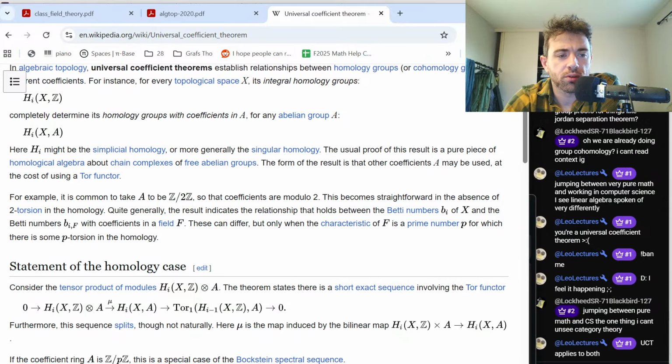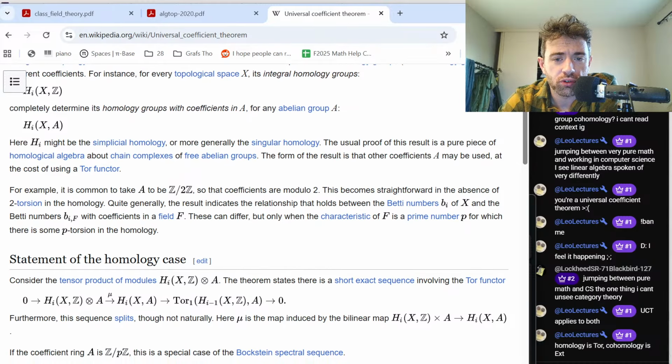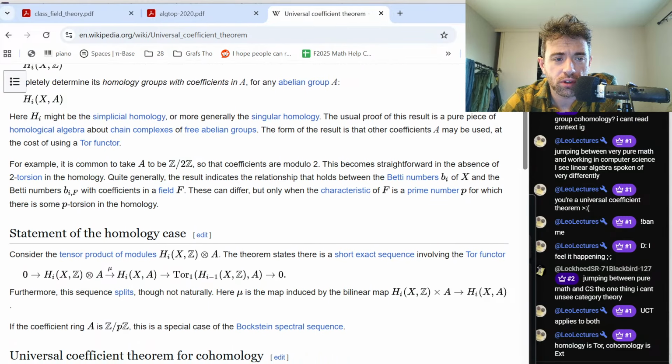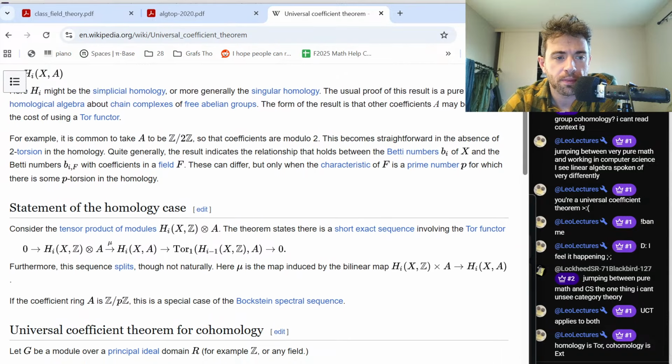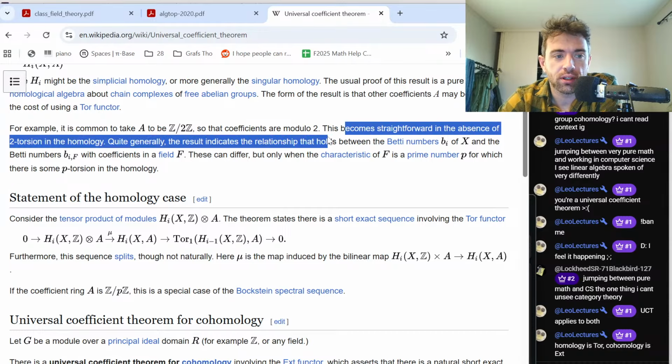The integral homology determines the homology for any abelian group. The usual proof of this result is a piece of pure homological algebra about chain complexes of free abelian groups. The form of the result is that coefficients over A may be used at the cost of using a Tor functor. For example, it is common to take A to be Z mod 2, so coefficients are mod 2. This becomes straightforward in the absence of two torsion in the homology.